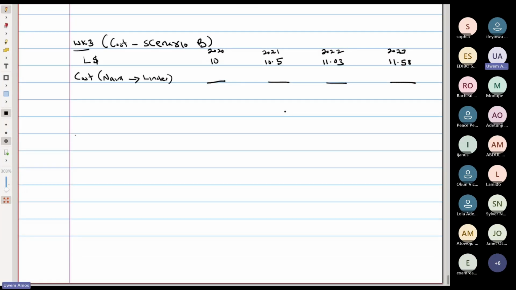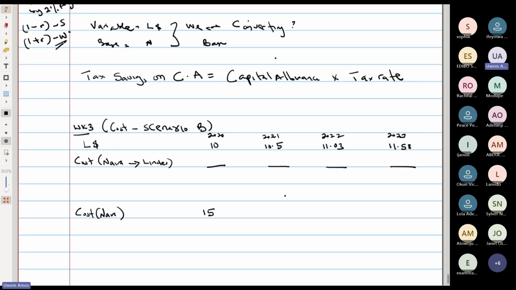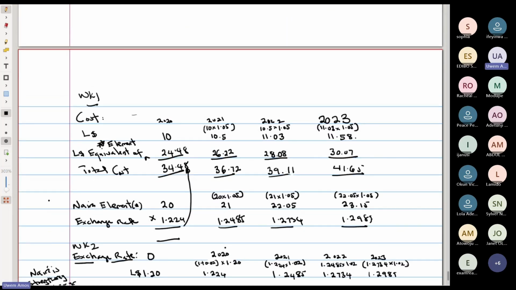So let's first get the cost in naira. So it is 15. In scenario A, it was 20. So that's where the difference is. In our scenario A right here, it was 20, but in scenario B, it is 15. Every other thing would then be the same.